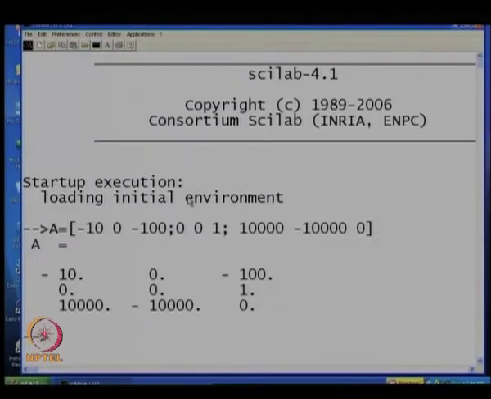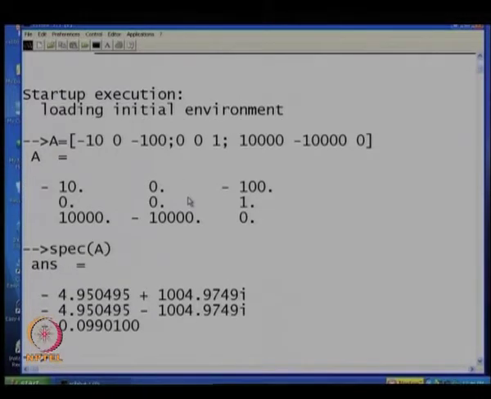So, this is A. The eigenvalues of A are obtained from this command. This is what we got. So, this is the eigenvalue minus 0.1, we rounded it off, and this is approximately minus 5 plus or minus j 5.